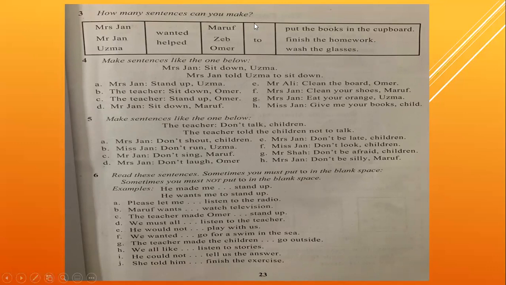Mr. John helped Maruf to put the books in the cupboard. This is the oral exercise just to understand the way of writing these types of sentences, where one person asks another person to do something, to do any action.